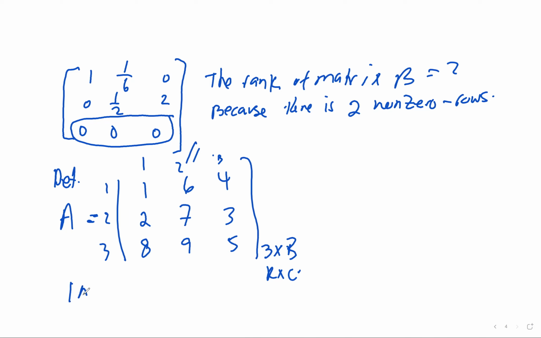So the determinant of A is equal to 1 times, and we're going to cross this.